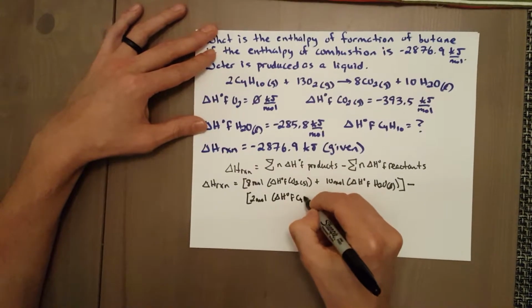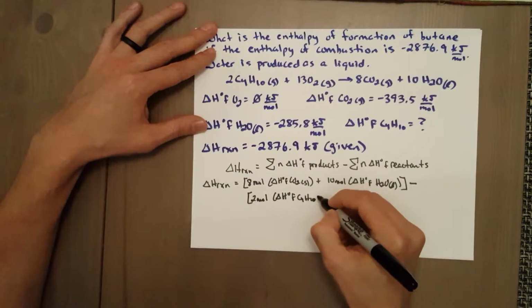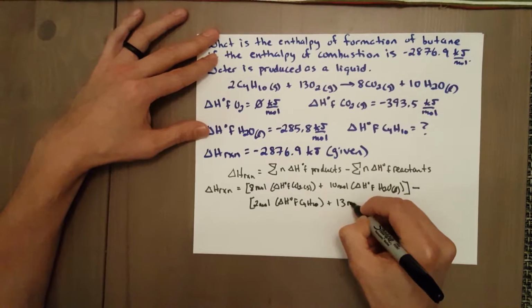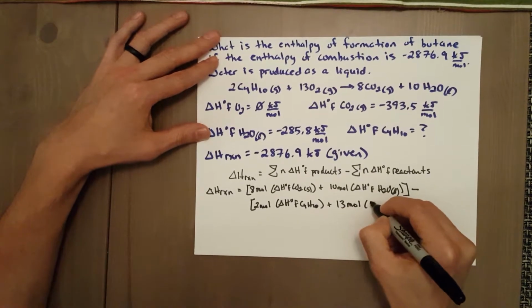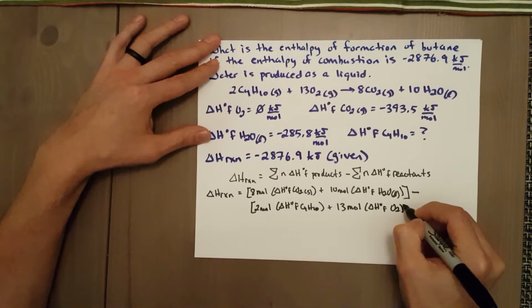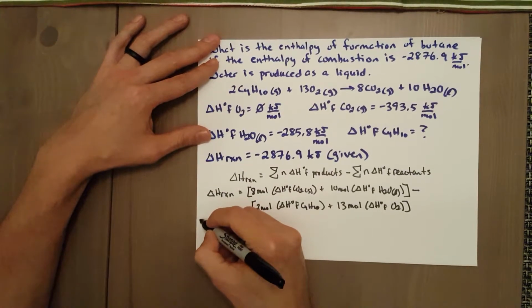And this is what we don't know: 2 moles of butane gas, and I'm writing down the standard heat of formation of oxygen, knowing that it will eventually become a 0 and simplify this problem. Good. Now I can start filling these in.